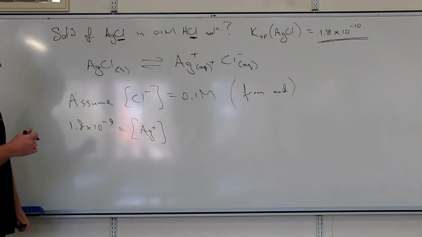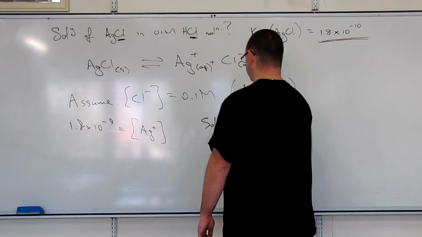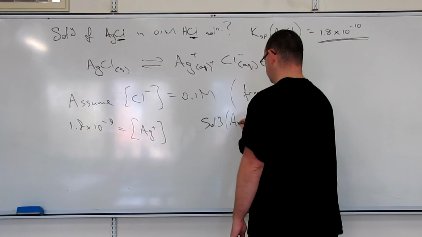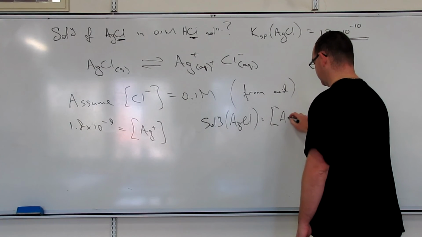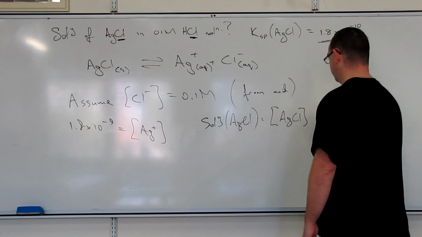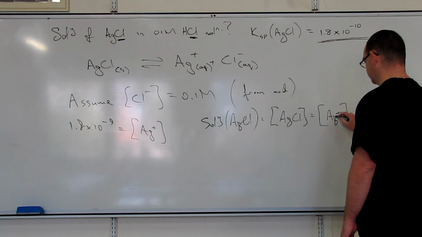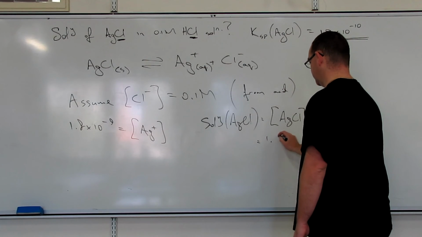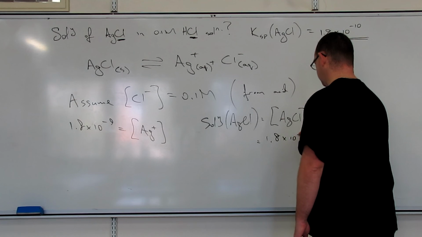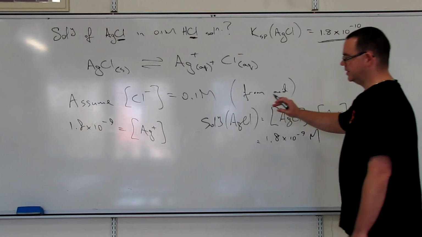And then, of course, you'd need to again state that the solubility of your silver chloride is equal to the concentration of your silver chloride, which is equal to the concentration of your silver ions, which we've just found out is 1.8 × 10^-9 molar. So again, you don't just get the number.